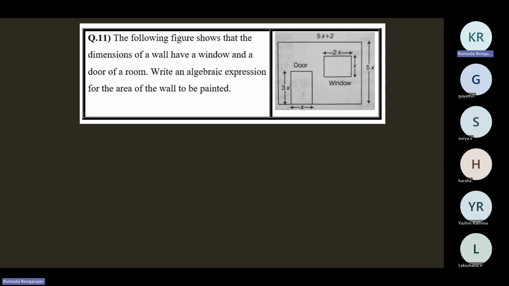In the chapter mensuration, to find the area of 4 walls, we use 2h into (L plus B). Here there's only one wall, and its surface is a rectangle whose area is L into B. So area of the wall is L into B, and the area of the door is again L into B, and of the window L into B. From the area of the wall, you should take away the area of the door and window.